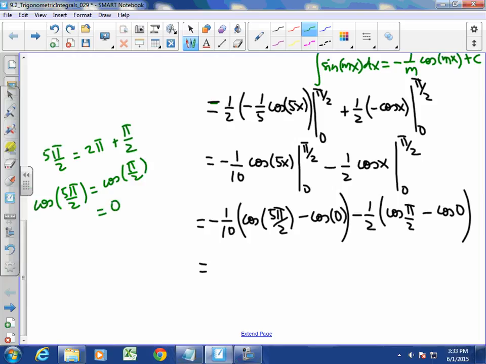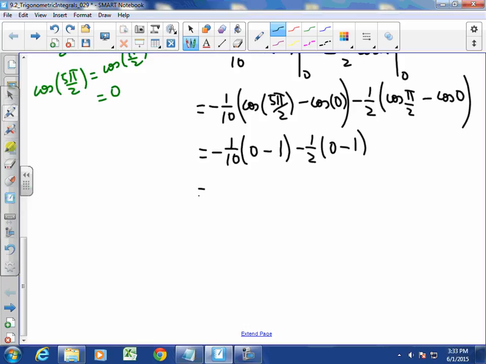And cosine of 0 is 1. Doing this, we get negative 1 over 10 times 0 minus 1, minus 1 over 2 times 0 minus 1. And simplifying, from the last part, because it's negative 1/2 times negative 1, we get 1/2, plus 1 over 10.